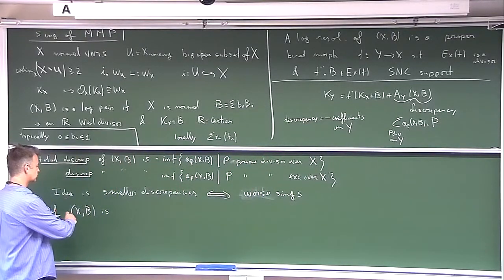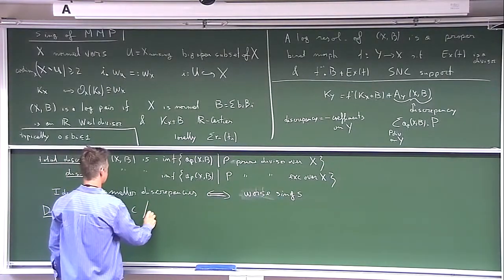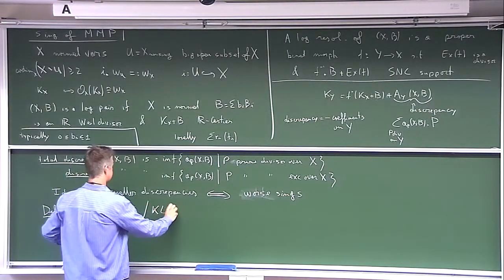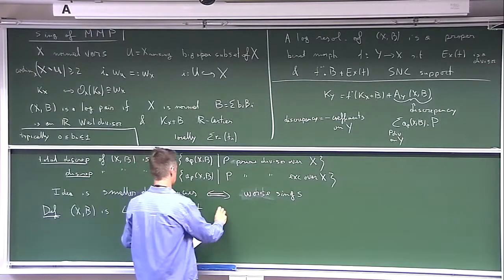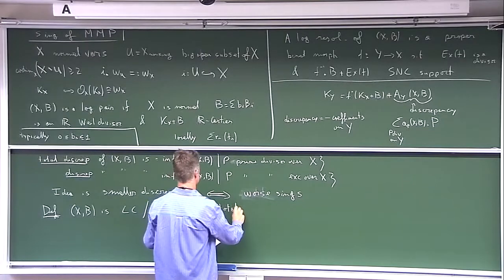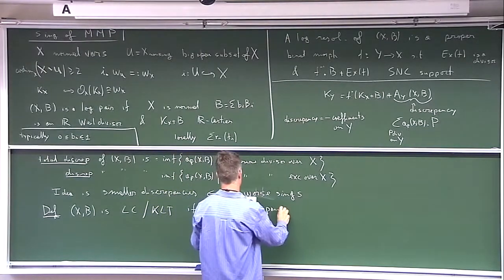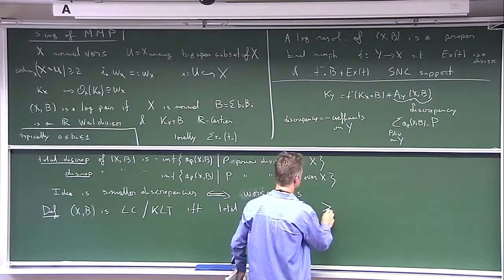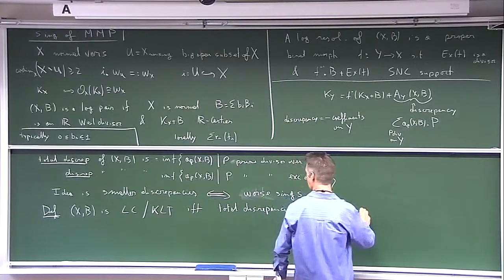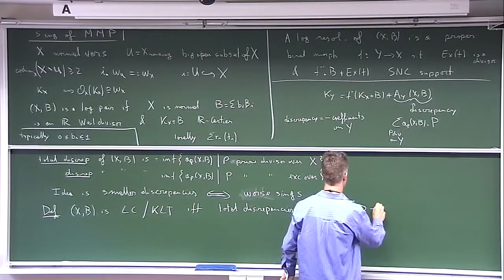Okay, so definition: (X,B) is log canonical, respectively Kawamata log terminal, if the total discrepancy is greater than or equal to -1 for log canonical, and strictly greater than -1 for Kawamata log terminal.